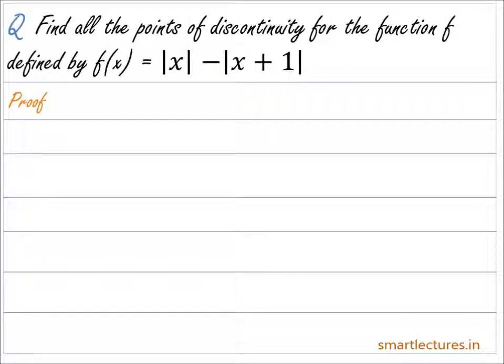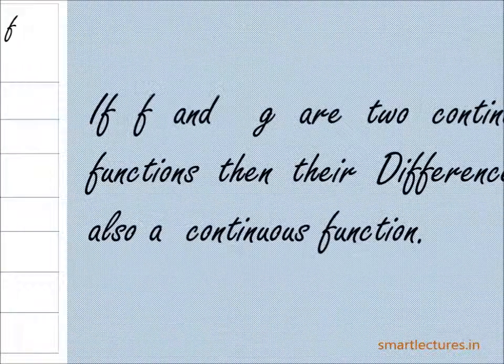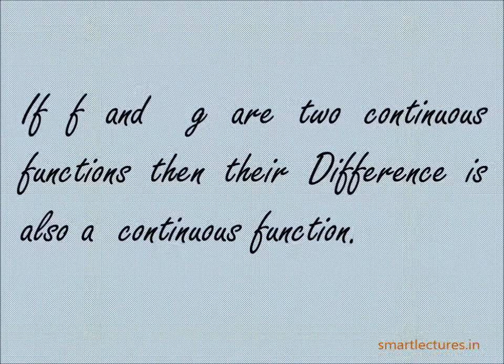Now we already know that the function |x| is a continuous function, and also the function |x + 1| is a continuous function. And as per the theorem on the algebra of continuous functions, if f and g are two continuous functions, then their difference is also a continuous function.